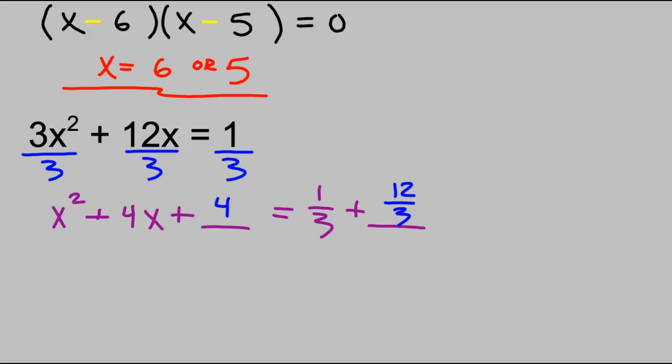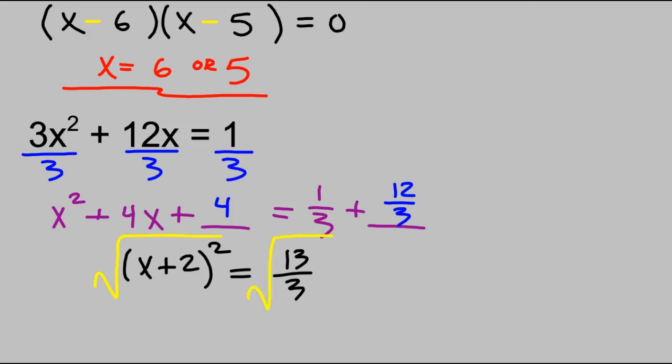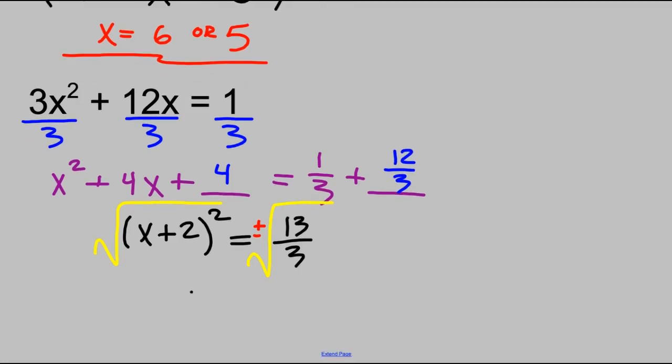Are you cool with that? Then over here we have x plus 2 squared, and on the right side we have 13/3. Next step, square root both sides. Don't forget the plus or minus. So now we have x equals, the 2 goes over to the other side, becomes a negative, plus or minus root 13 over root 3.